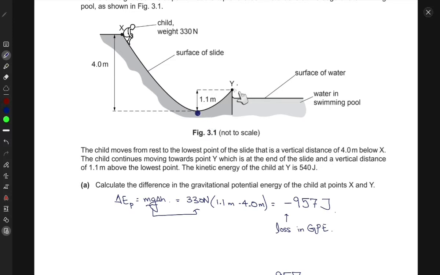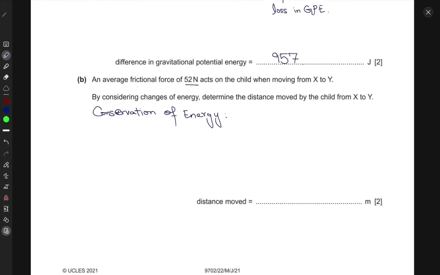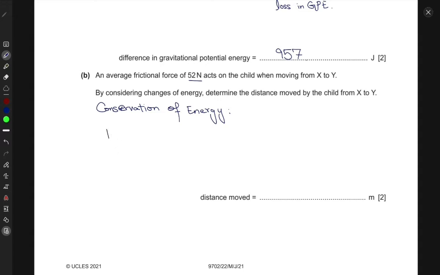And of course, there is also some work done against the friction, so you would add that work done against the friction as well. This gives me an equation that says the potential energy at X is equal to the kinetic energy at Y plus the potential energy at Y plus the work done against the frictional force.